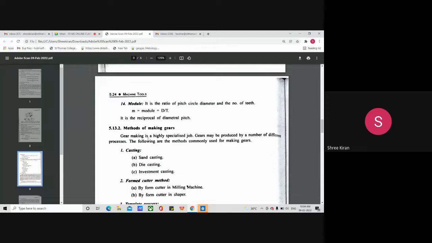The first one is casting, which comes with sand casting, die casting, and investment casting.